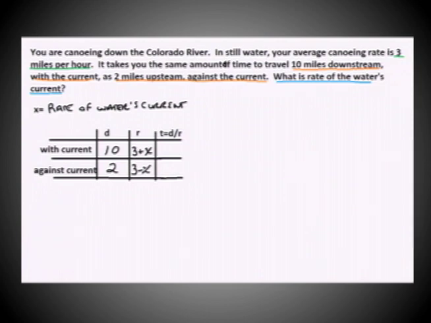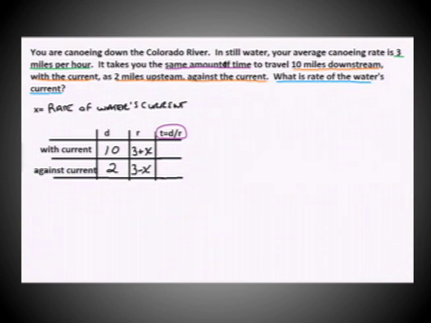Now we use our formula T equals distance divided by rate, because we haven't been given any information about time except for one small thing, and that's that it takes the same amount of time to travel down as it does to travel up. And we'll talk about what that means in regards to your problem in just a moment.